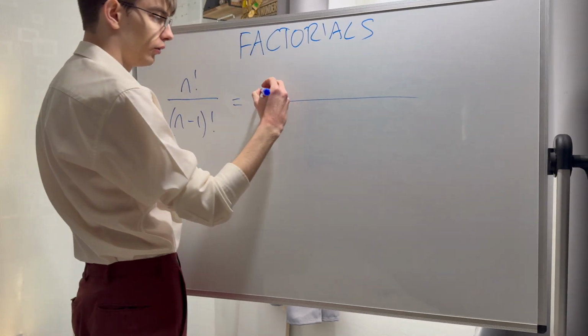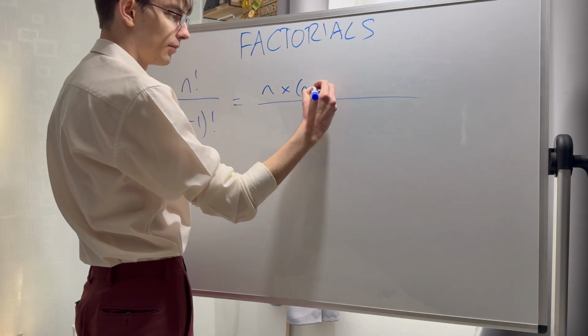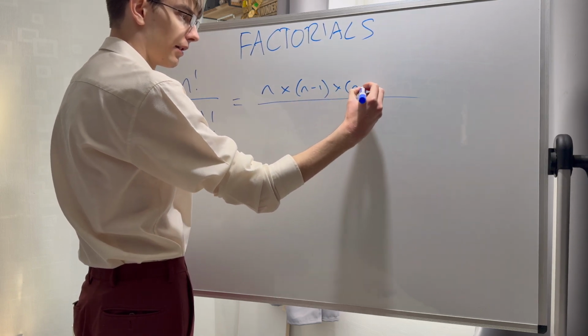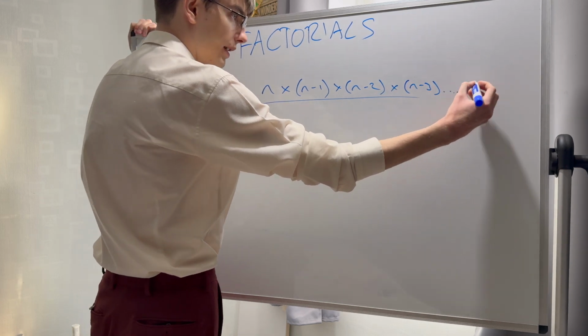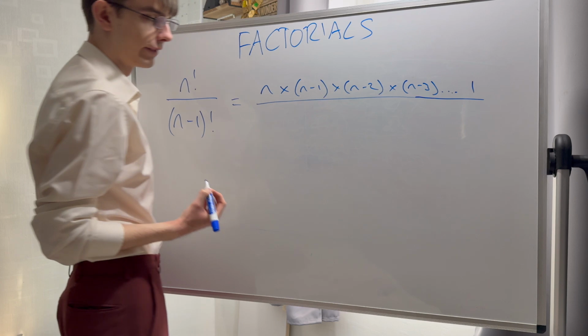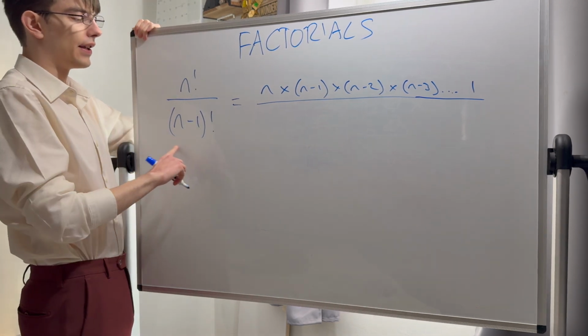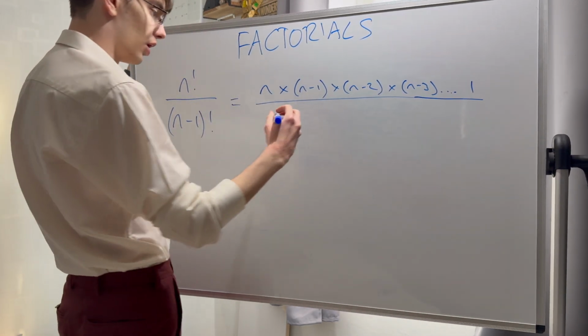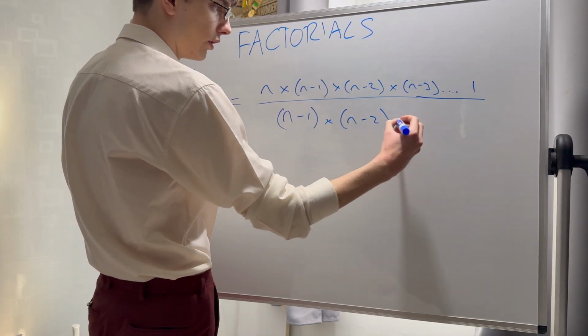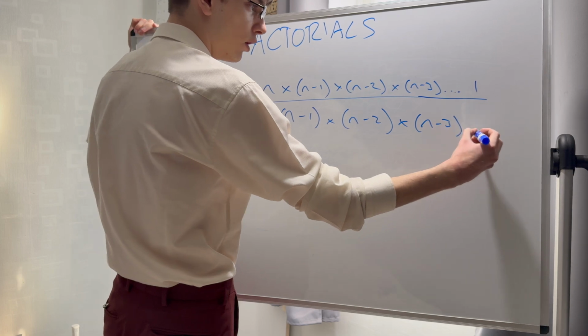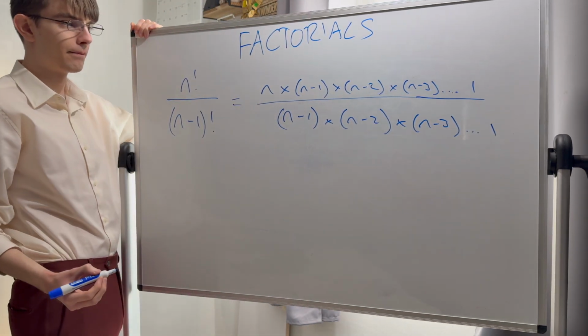So what's going on the top here? Well, n factorial is n times (n minus 1) times (n minus 2) times (n minus 3) all the way down to 1. And then (n minus 1) factorial, as we showed earlier, is (n minus 1) times (n minus 2) times (n minus 3) all the way down to 1.